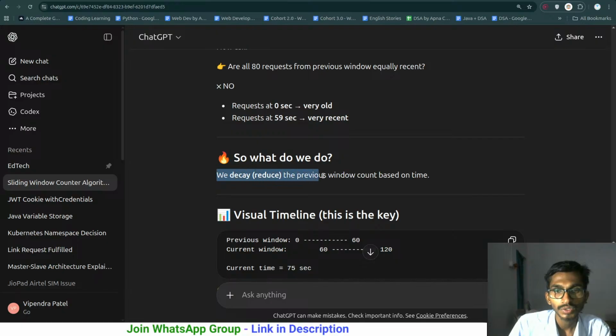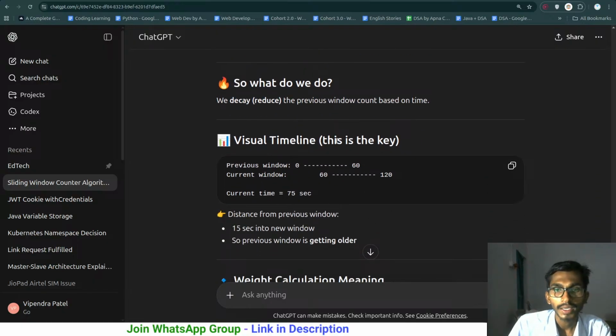We decay, reducing the previous window count based on time. So visualize time, this is the key. The previous window is 0 to 60, the current window is 60 to 120, the current time is 75. We are 15 seconds into the new window.